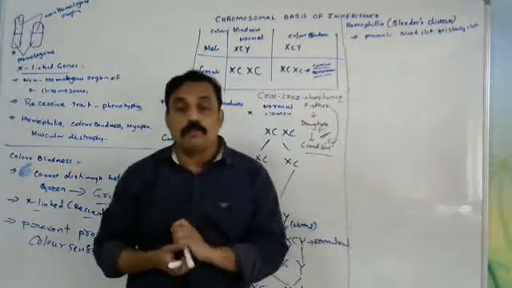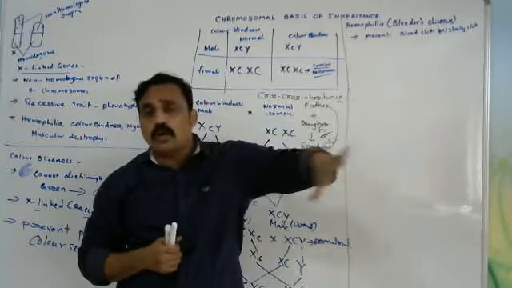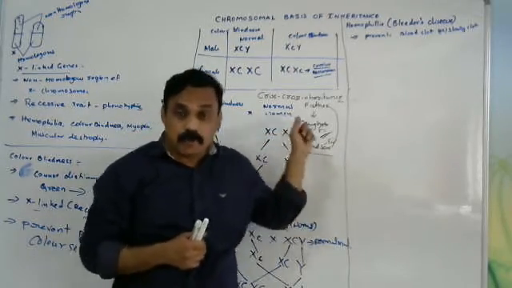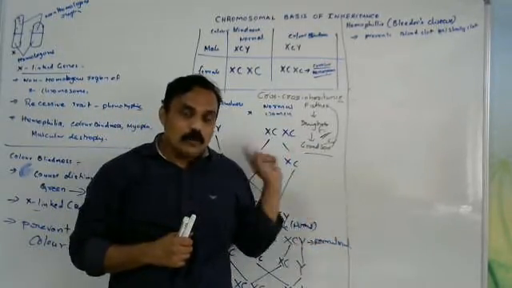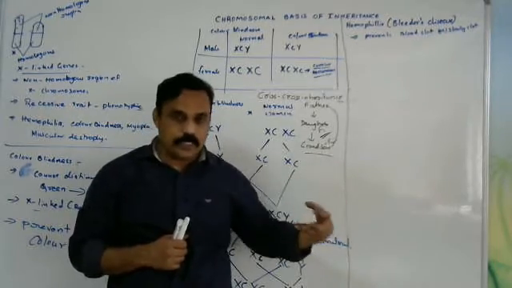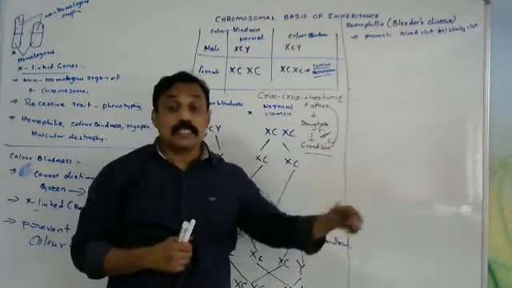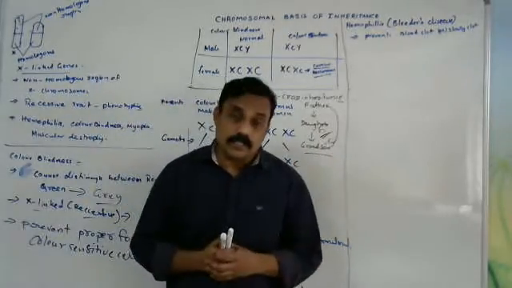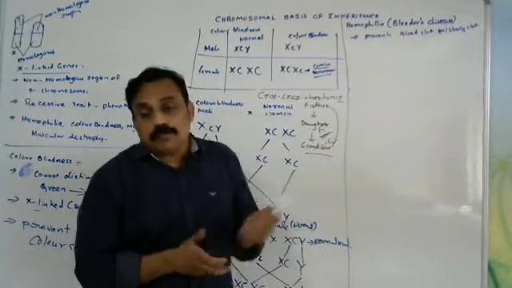In hemophilia, what happens? I have told you so many times, don't marry closely related relatives. Why? Because this recessive trait is transferred from father to grandson. Try to understand. If closely related people marry, this recessive trait, the X-linked gene, is transferred from one generation to the next. It causes some diseases, like color blindness and hemophilia.